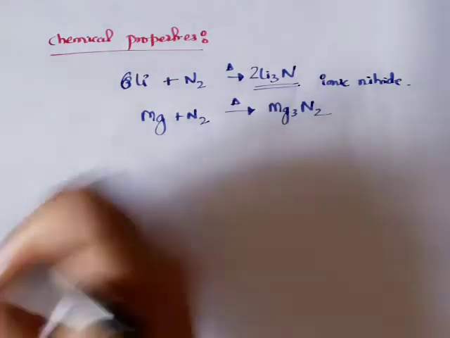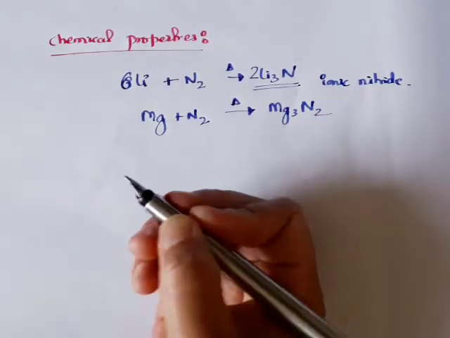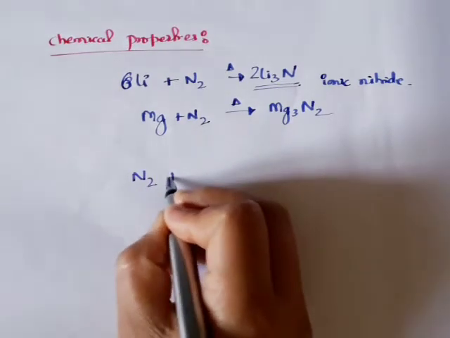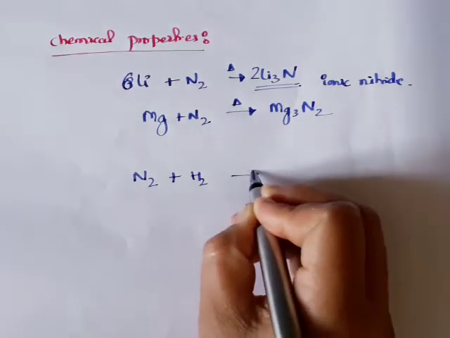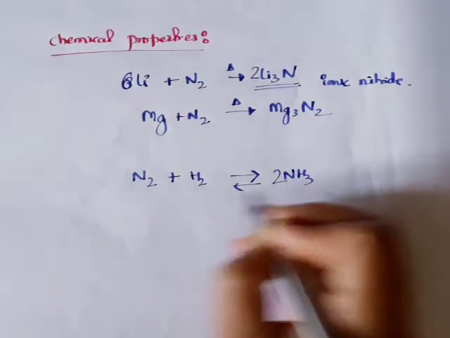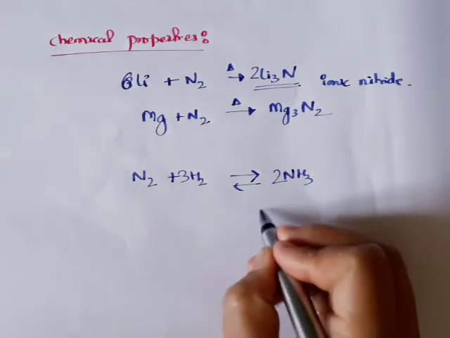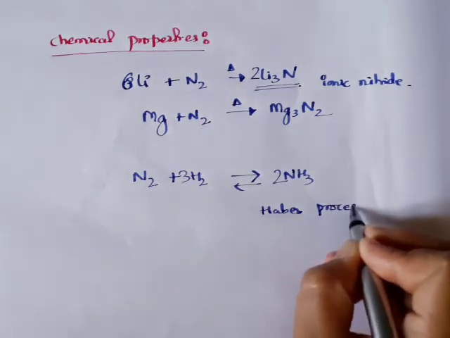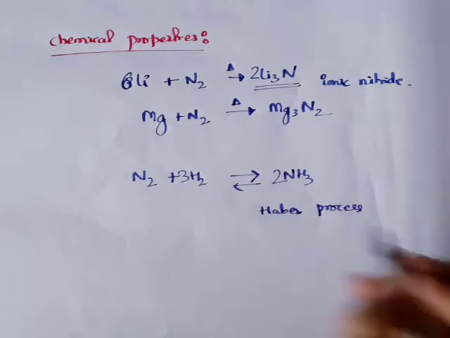Nitrogen also combines with non-metals at very high temperature. Like when you combine nitrogen with hydrogen, it gives ammonia. This is what is called Haber's process. The preparation is by Haber's process, and we are going to discuss the details in the next topic.